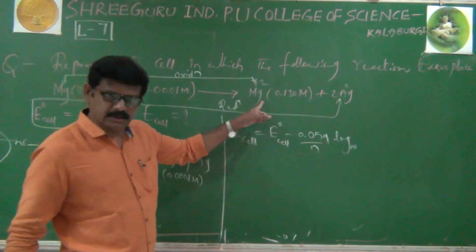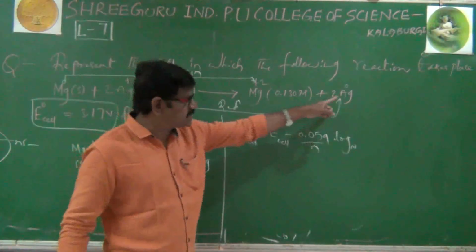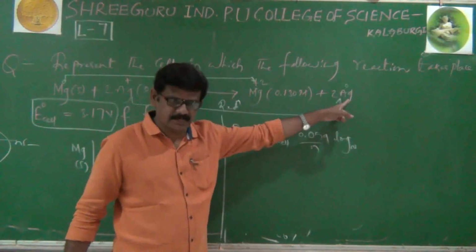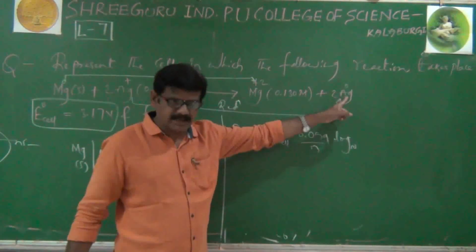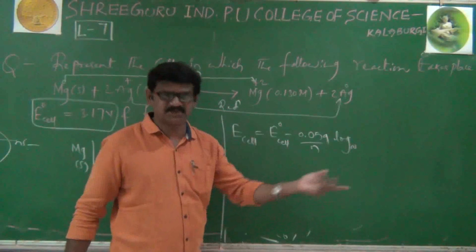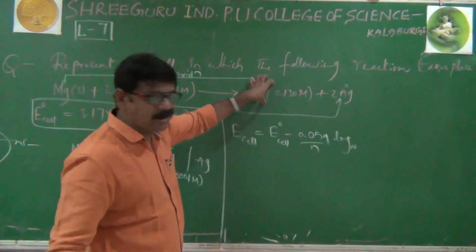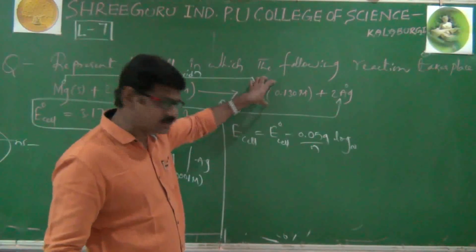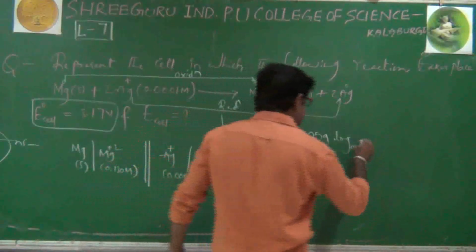What is the product? Mg plus 2 only, because silver I am not taking into consideration. Silver is a metal, and metal concentration is 1. No need to write it every time. Only the ion concentration we have to take. Therefore Mg plus 2, right?